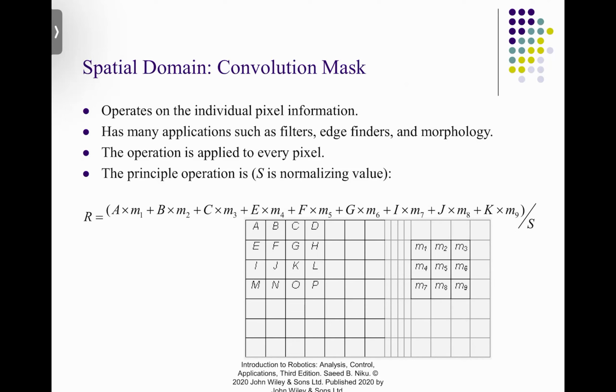Some of these numbers could be ones, some could be minus ones, some could be zero. What I do in convolution is I take this matrix and place it on this first 3 by 3 matrix. And then I perform a very simple mathematical operation: A times M1 plus B times M2 plus C times M3 plus E times M4, F times M5, G times M6, and so on.